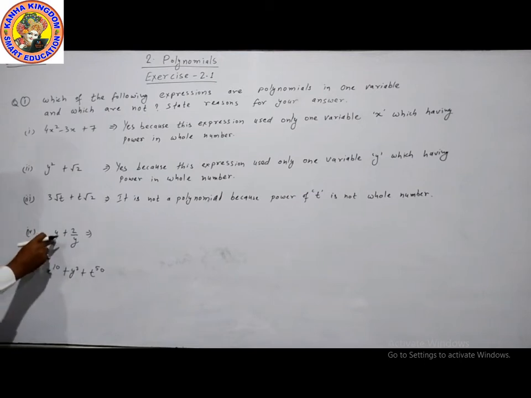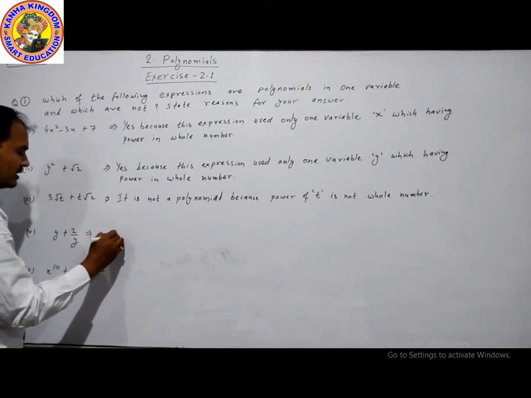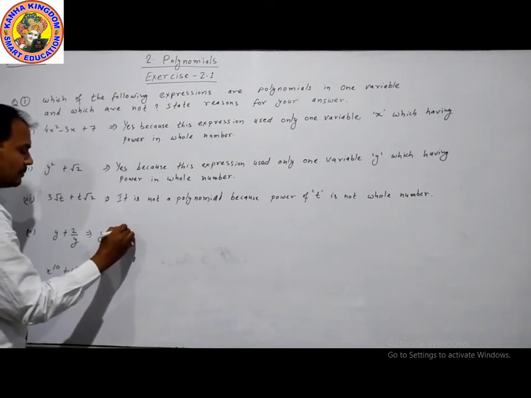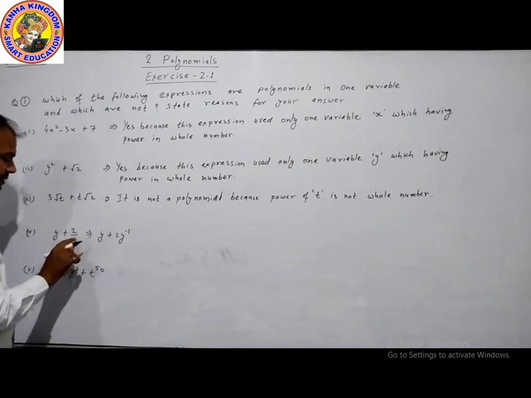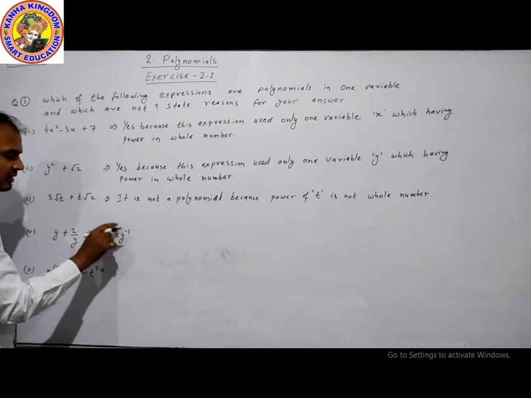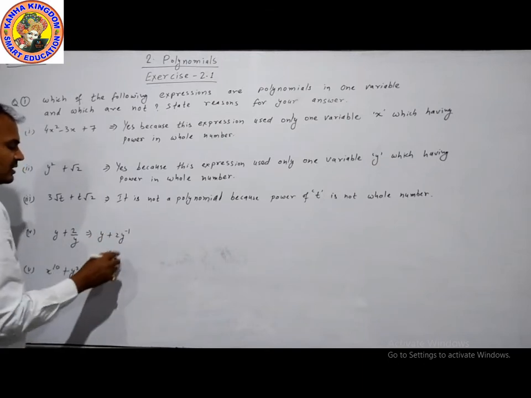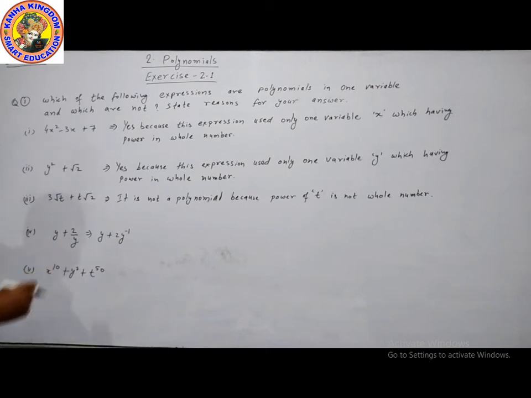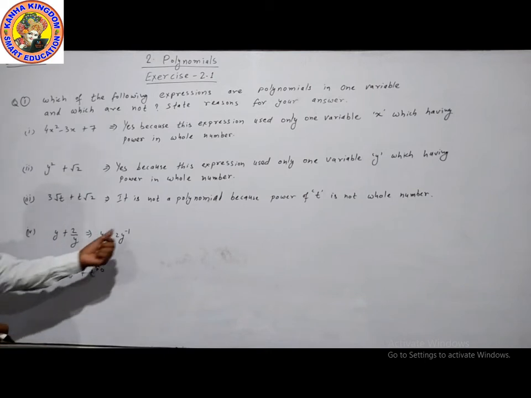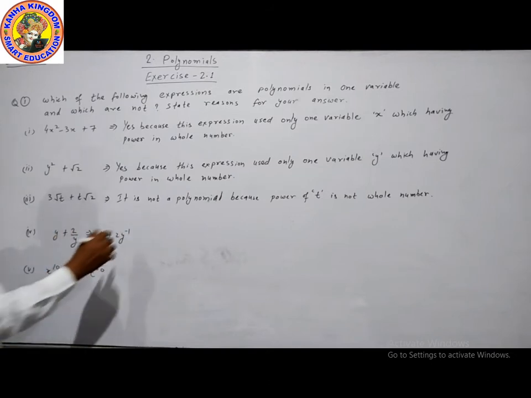Next is y plus 2 upon y, also written as y plus 2y power minus 1. Power of y is 1. When we write from the denominator to the numerator, the power will be negative. So this is our minus 1. So is it a polynomial? No. The power is minus 1, not a whole number.